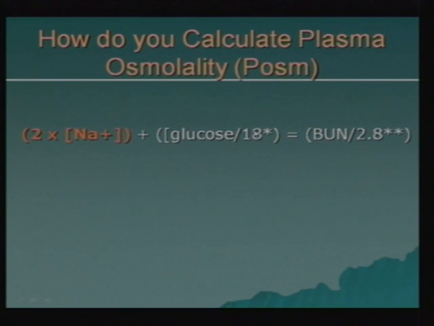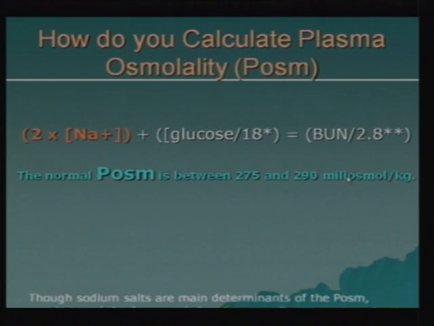This is because the molecular weight of glucose is 180, so 10 has gone. Similarly, blood urea nitrogen divided by 2.8, because the molecular weight of urea nitrogen is 28. These are important. Normal plasma osmolality is between 275 to 290 millimoles per kg.